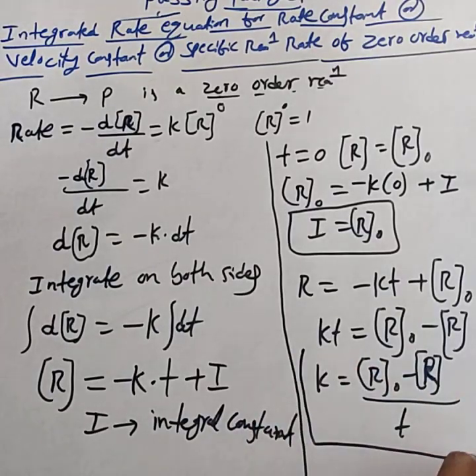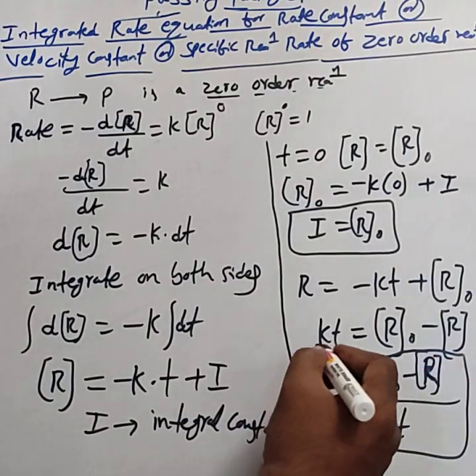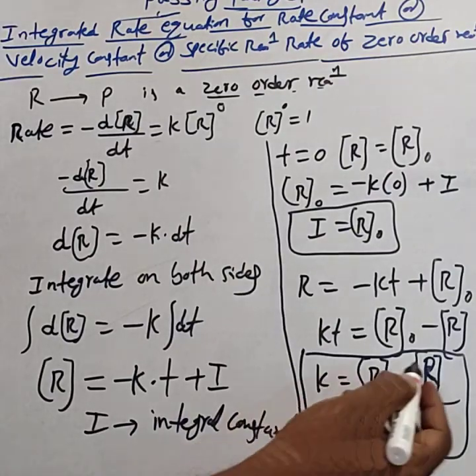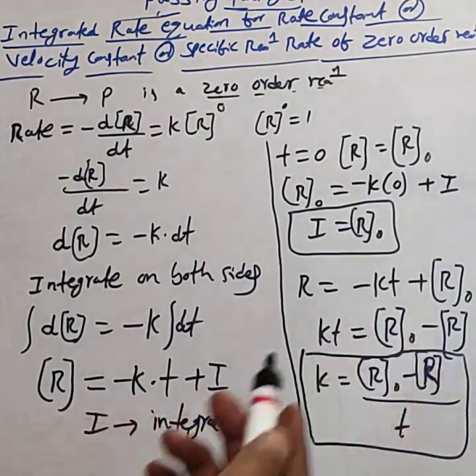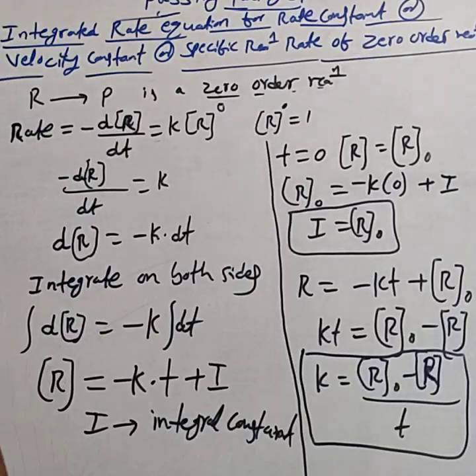It is the rate constant, the integrated rate equation for a zero order reaction. k equals R naught minus R by t. This is about the rate equation.